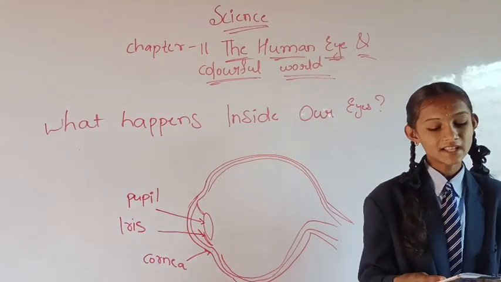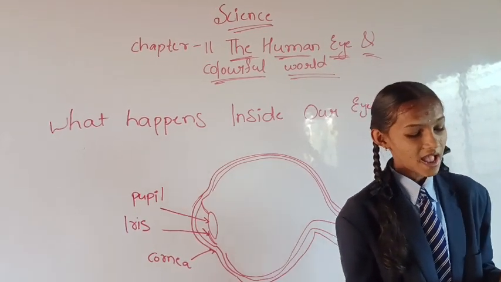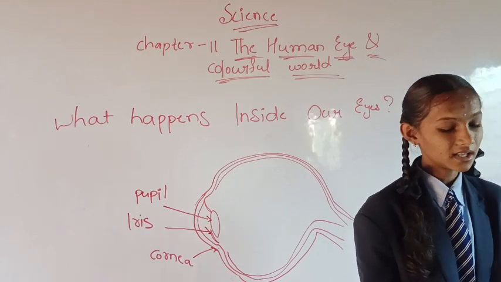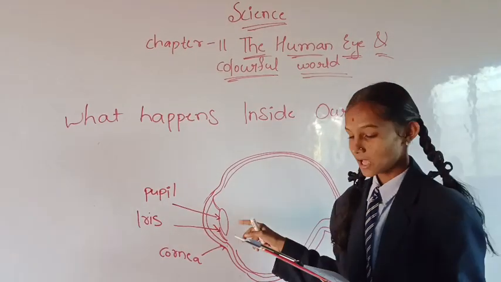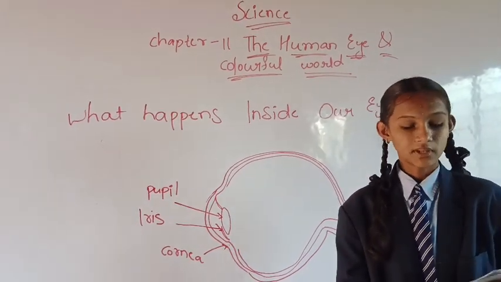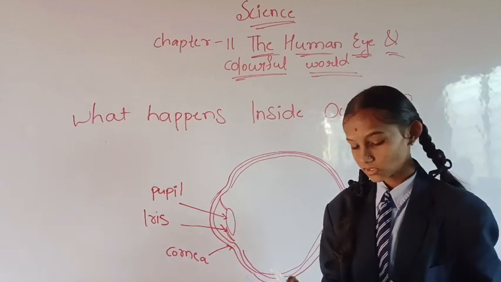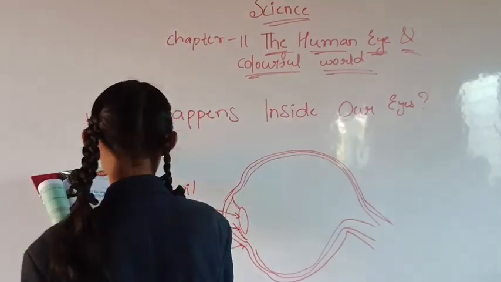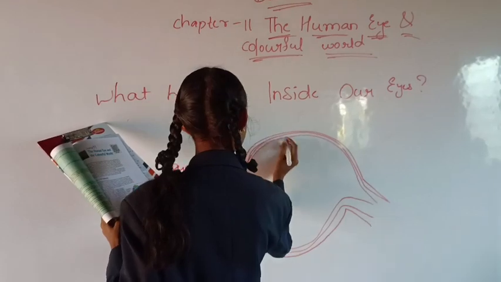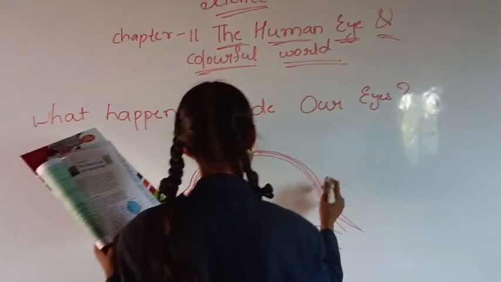Now the light reaches the retina. This acts as the sensor of the digital camera. After the pupil, the light passes to the retina.